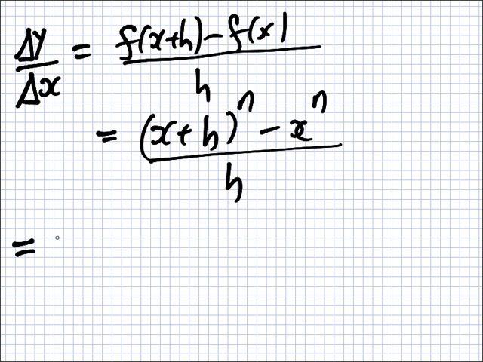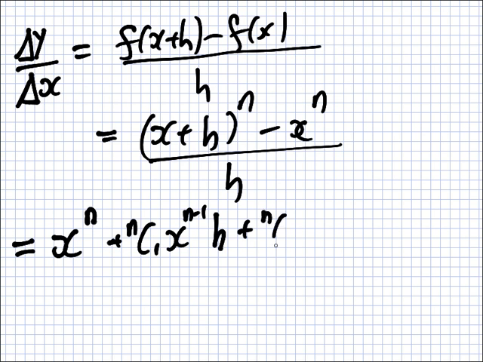Okay, so the first term would be, as you said, x to the power n. The next one is nC1 x to the power n minus 1 times h, plus the next one would be nC2 x to the power n minus 2 h squared.